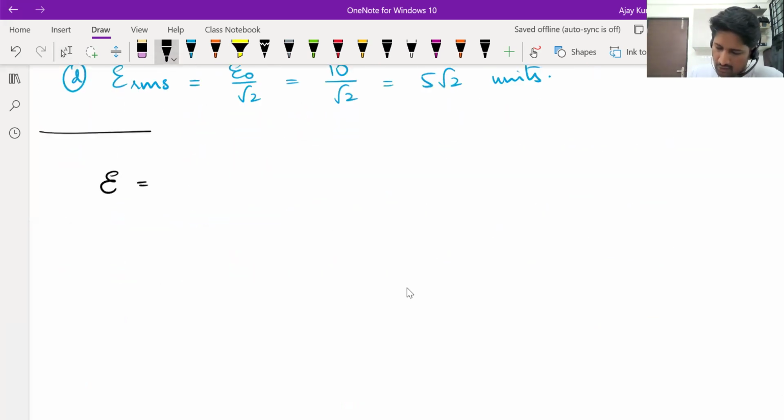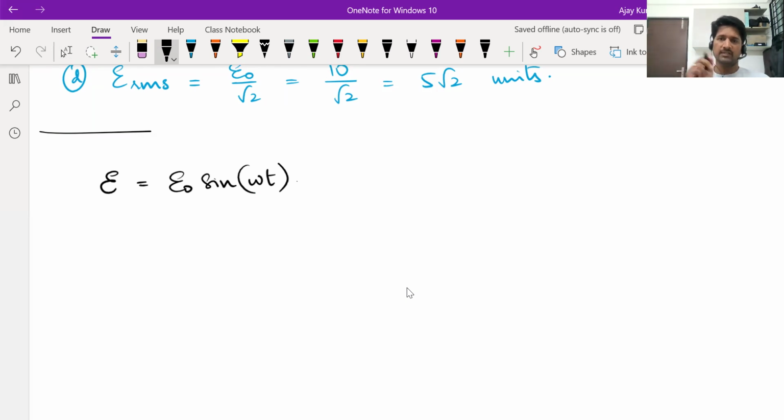When an alternating voltage like E naught sine omega t, I'm not writing the constant inside the bracket, we'll deal with it later, is applied to different circuit elements, when it is applied to a resistor, how to find out current, how much power will be dissipated, all those things.